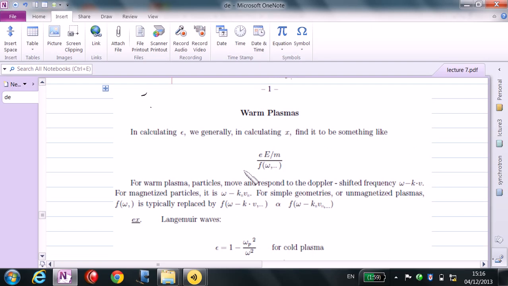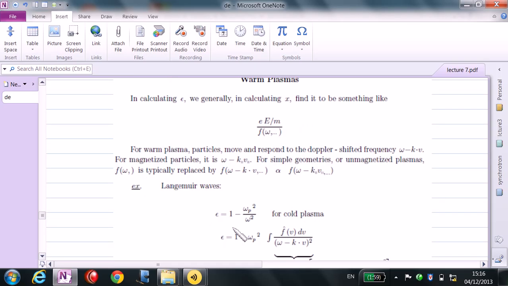Warm plasmas, in some sense, are like cold plasmas, except that in calculating the response of the electrons, I have to include the Doppler shift of the frequency as seen by that given electron.